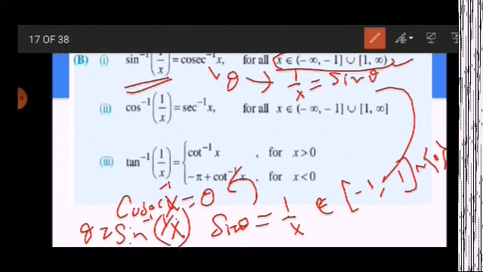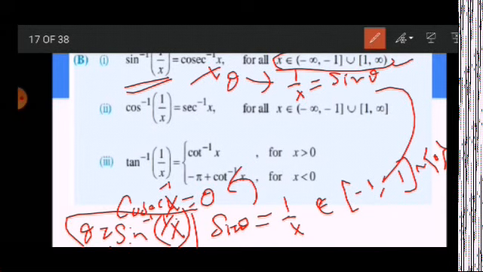Hence cosec inverse x is theta, theta lies between minus pi by 2 to plus pi by 2, difference 0, so theta is also sine inverse 1 by x. That theta is cosec inverse x, and here that theta is sine inverse 1 by x.